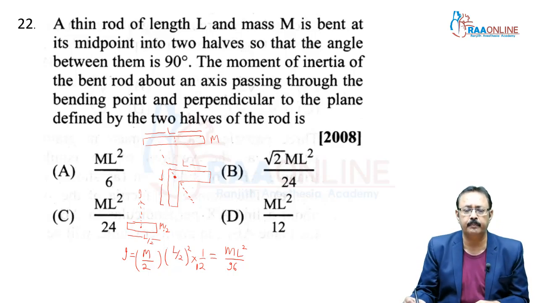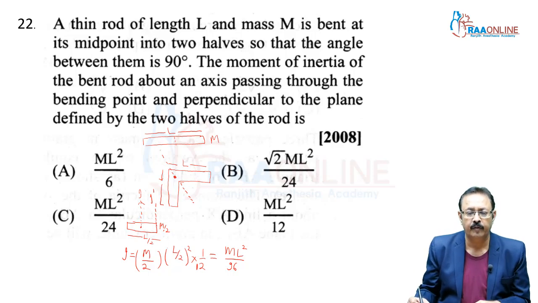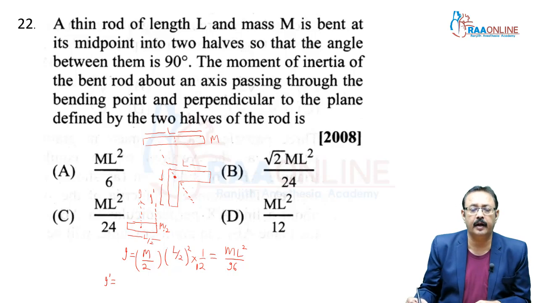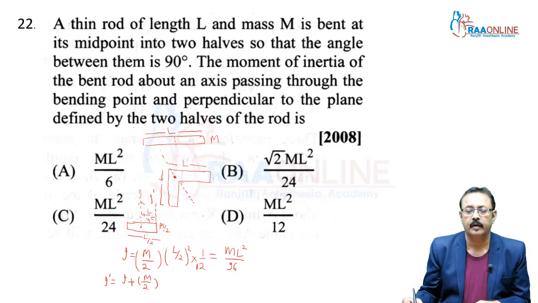By applying the parallel axis theorem, I can calculate the moment of inertia about this axis. Suppose it is I dash. It should be ICG plus mass, m by 2, times the distance between these two parallel axes, which is L by 4, squared.